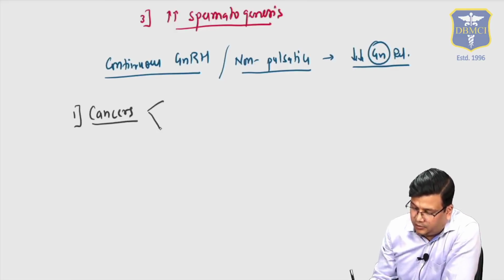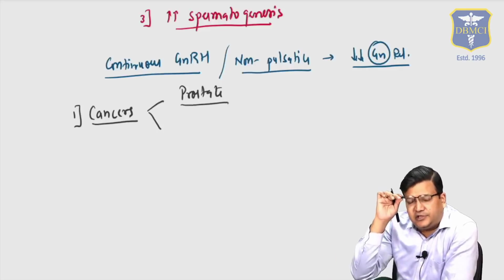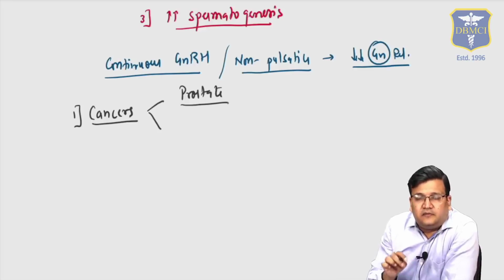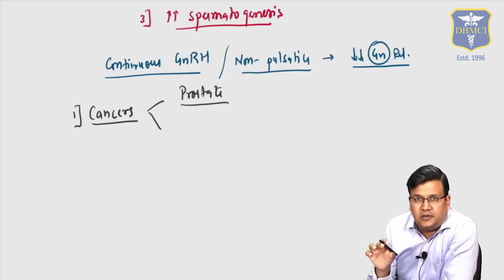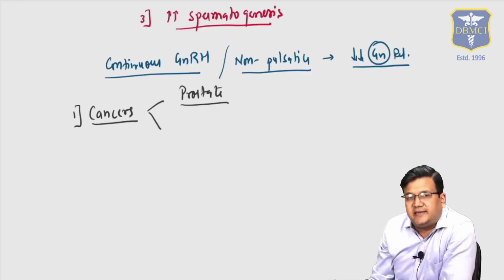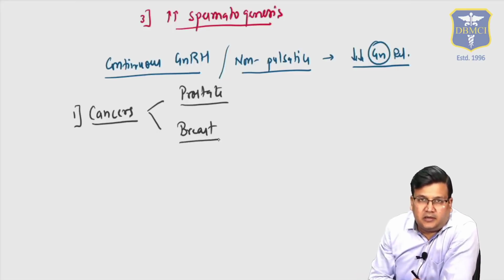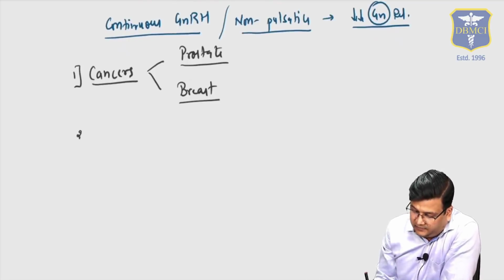In males, the hormone dependent cancer is prostate. So we will give continuous GnRH. It will decrease FSH and LH release from the pituitary, which will suppress testicular function. So testosterone release will decrease, and prostate growth is dependent on testosterone, so it will cease or reduce. So prostate cancer can be treated in males. Similarly, breast cancer in females is estrogen dependent, that can be treated. So these are the two cancers where GnRH can be given in a continuous or non-pulsatile manner.